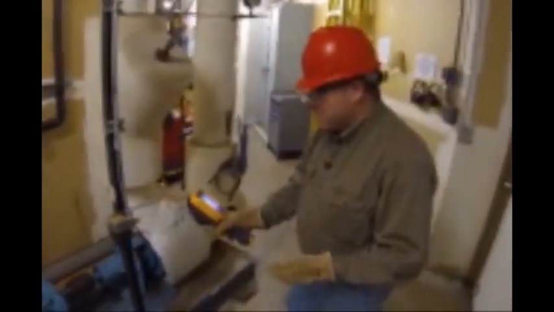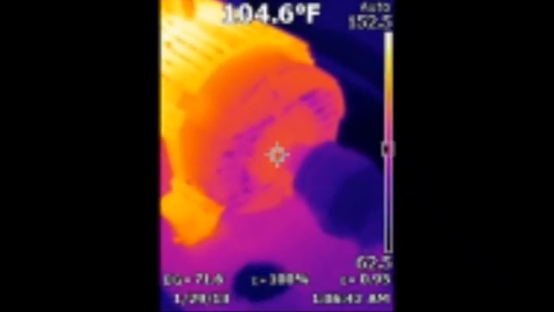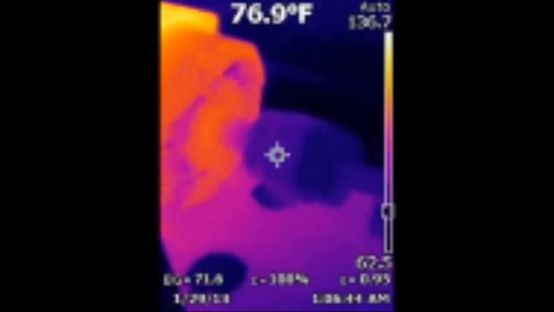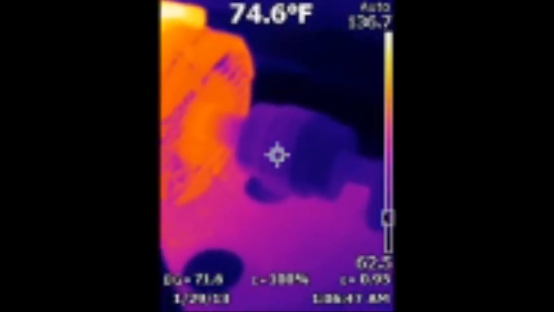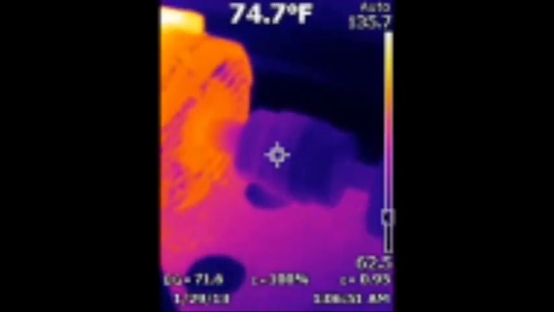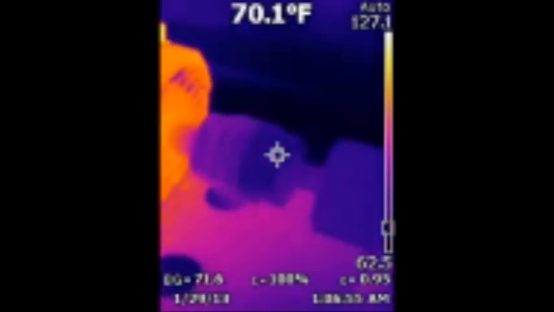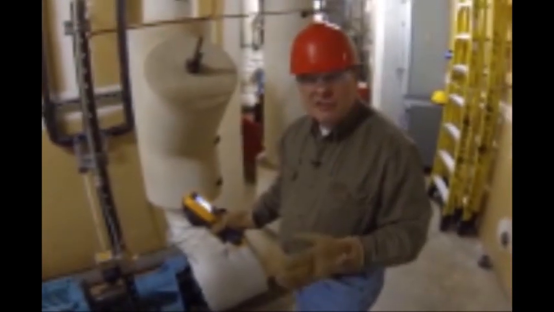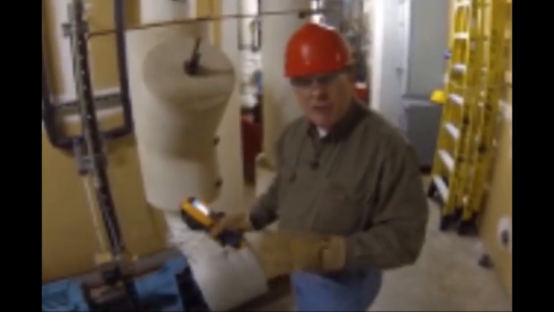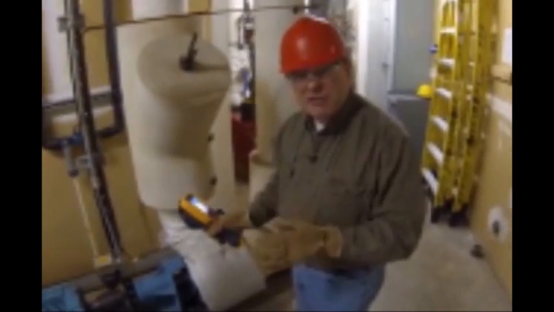We're going to come up here now and we're going to take a look at the mechanical portion of the motor, the bearings. So once again, we're looking at the shaft end of the motor, and I don't see any issues. If I were to see an issue here with this particular bearing, it would be warmer than the rest of the housing. Usually, if something is 5 to 10 degrees centigrade above the temperature of the main part of the housing and it's on a bearing area, something's going on with that bearing.